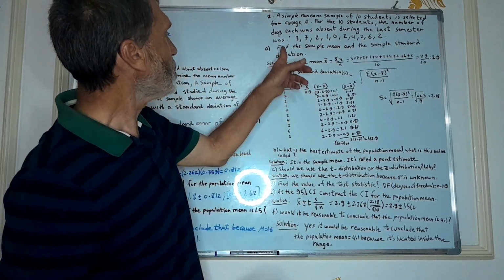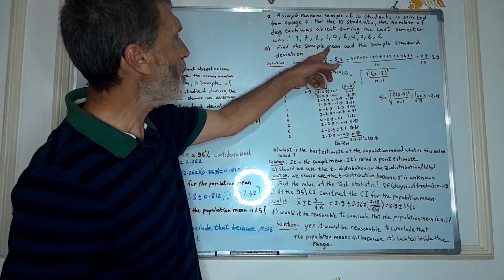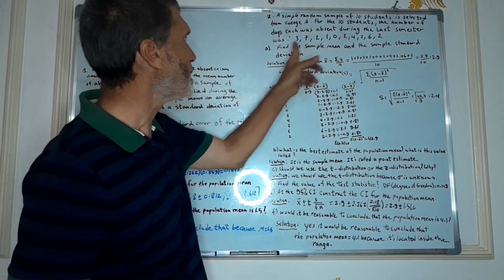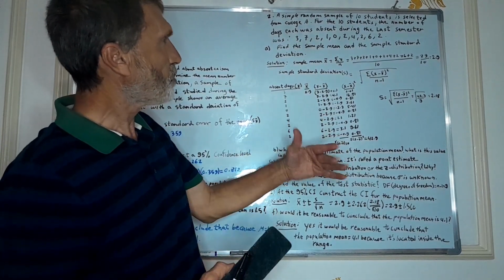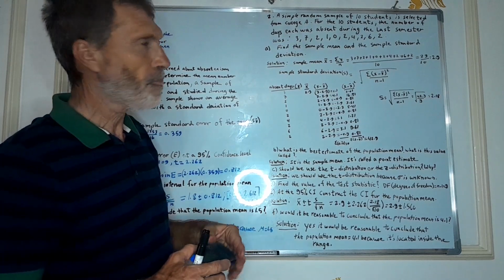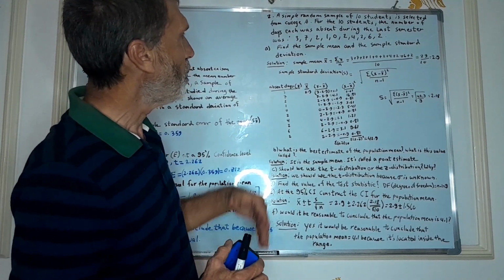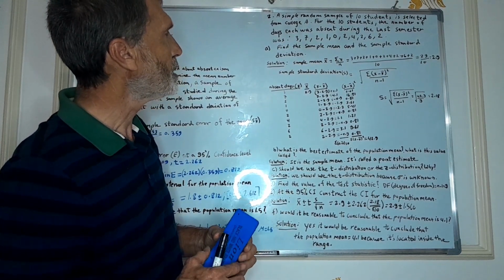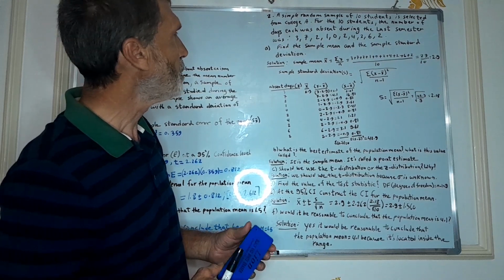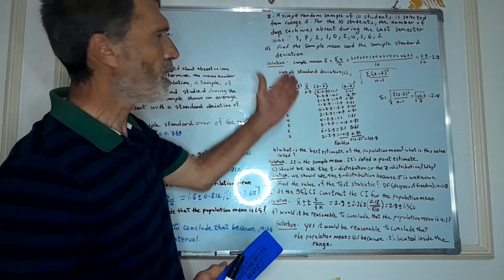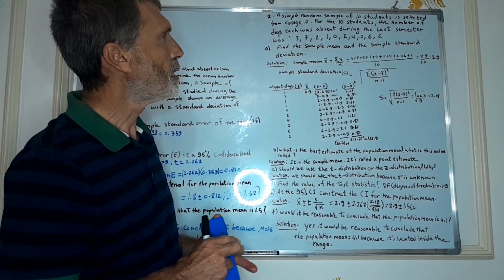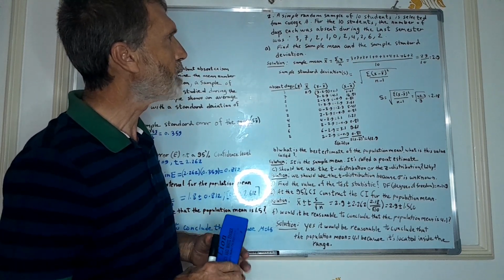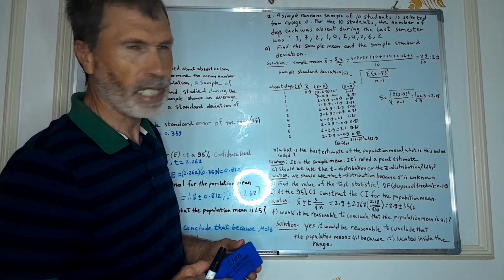Now, question A: find the sample mean and the sample standard deviation. These were already discussed in previous chapters. However, we can repeat the way to calculate the sample mean as well as the sample standard deviation.